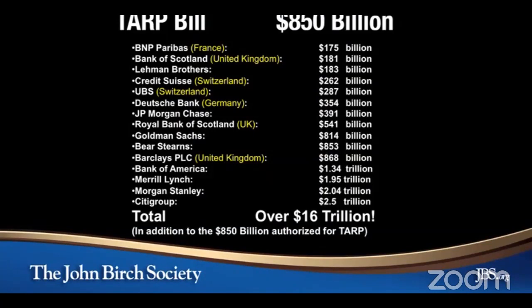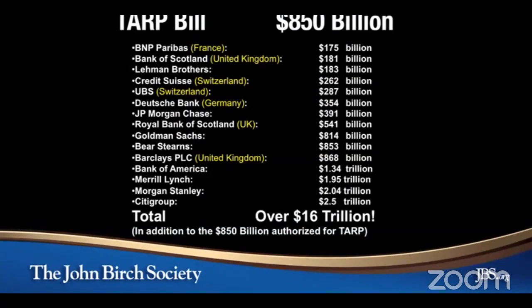Barclays got 868. Bank of America, 1.34 trillion now with a T. And Merrill Lynch, 1.95. Morgan Stanley, 2.04 trillion. And our final biggest recipient, Citigroup, at $2.5 trillion of an $850 billion TARP bill.